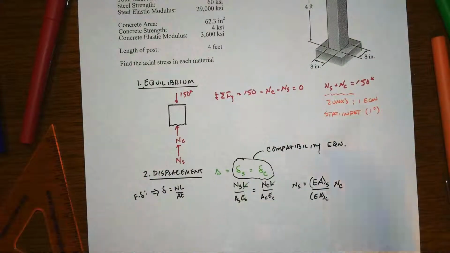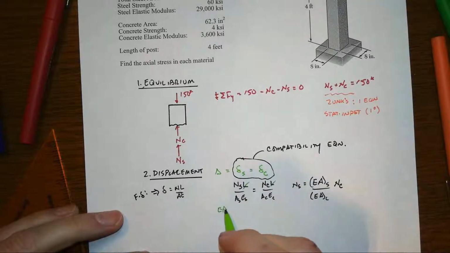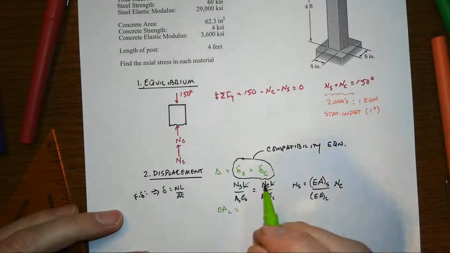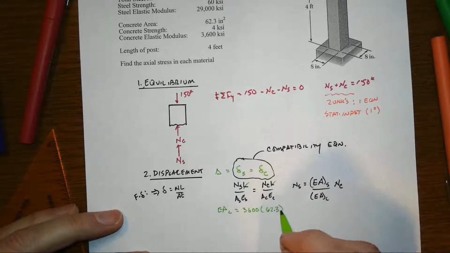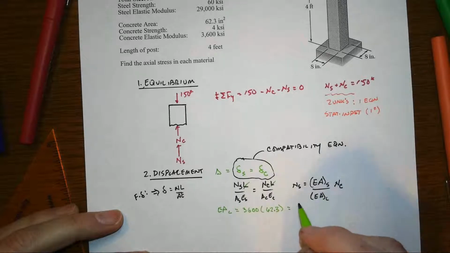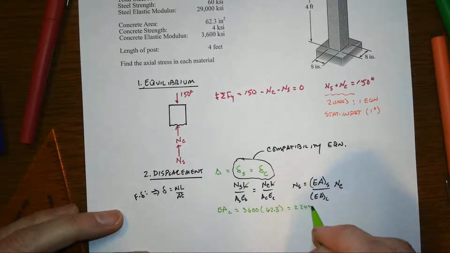Let's see here, EA of the concrete will equal 3600 ksi times our area of 62.3 square inches, and so that'll equal 224,400 kips.